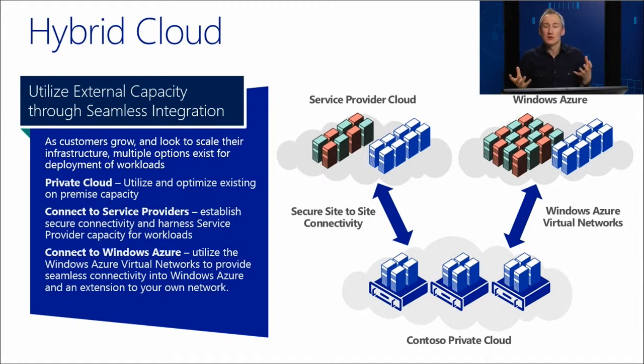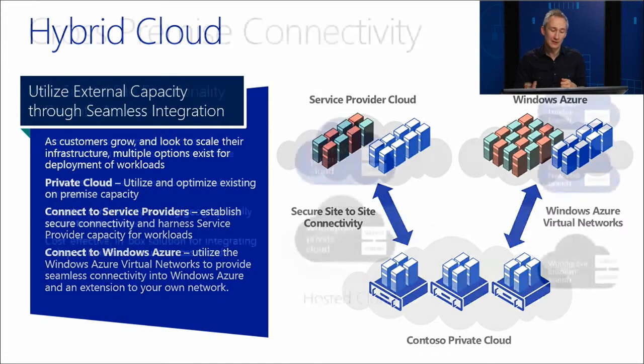So those are the concepts of hybrid cloud, managing those workloads and maintaining them as if it's one big network. Again, whether you're using virtualized networks or not, this is still applicable. You can still connect your infrastructure up into the cloud, whether it be service providers or Windows Azure, connecting to your on-premise private cloud.